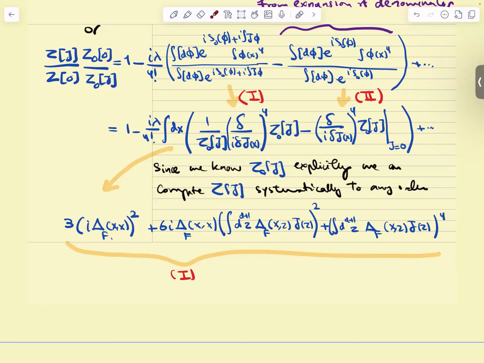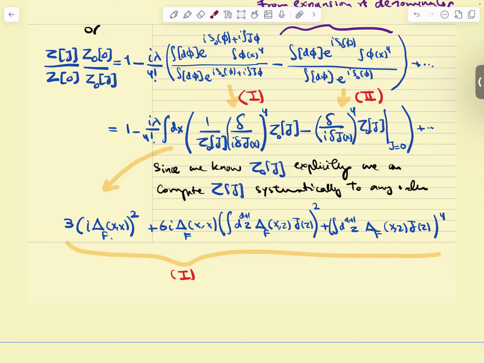What am I taking the derivative of? The exponential of minus half the integral of J(x') Delta_F(x' minus y') J(y').